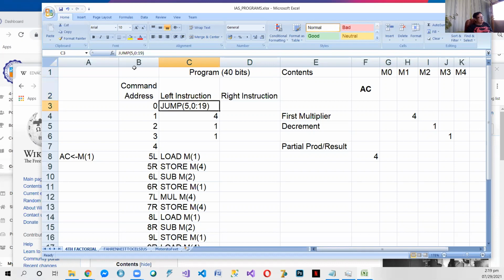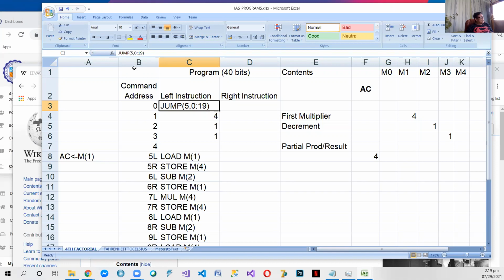In 40 bits, you have 5 bits for the opcode and then 12 bits for the operand, less than 20 bits. Most probably you will only need 17 bits. So to make it simple, von Neumann created the instructions to be 20 bits.